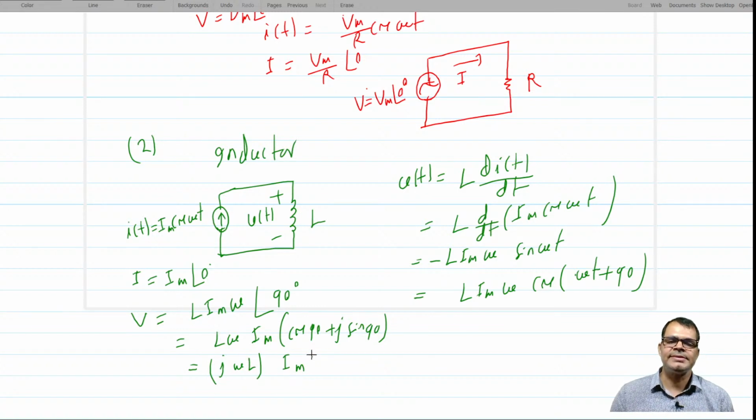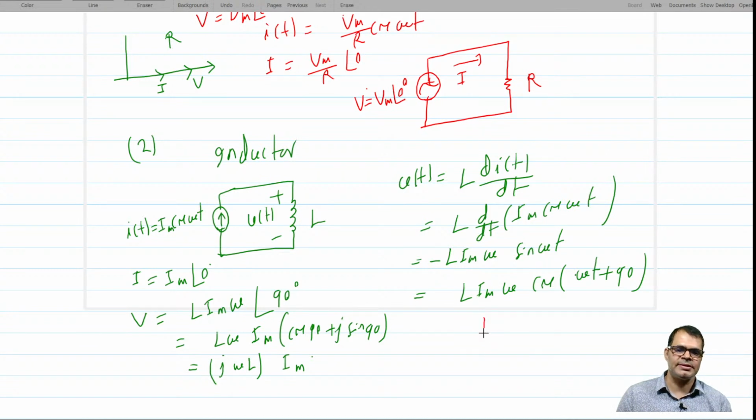So you see that in a pure resistor, this is your V and this is your I. But what we see here for a pure inductor is that the voltage is 90 degrees ahead of current.